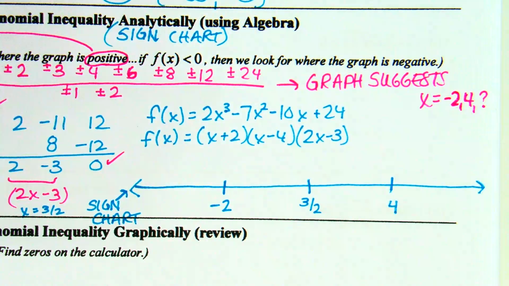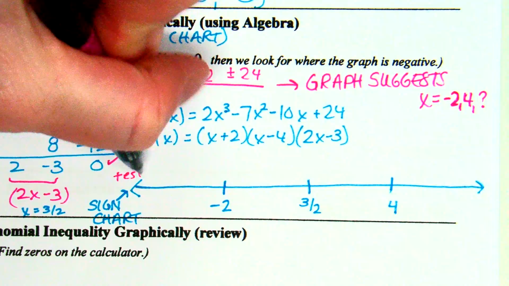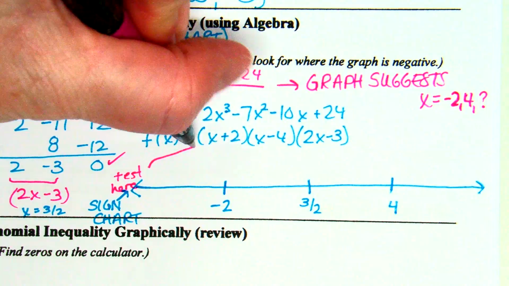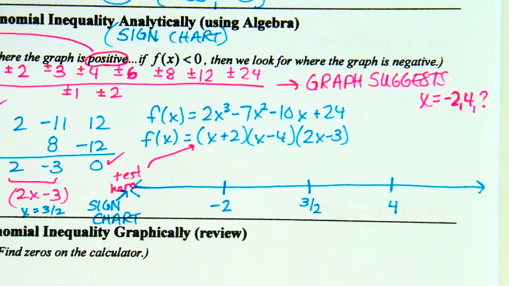We're going to test into our factored form. So what's a number to the left of -2 you want to use? Oh, no, sorry, -3. Okay, -3, -4.